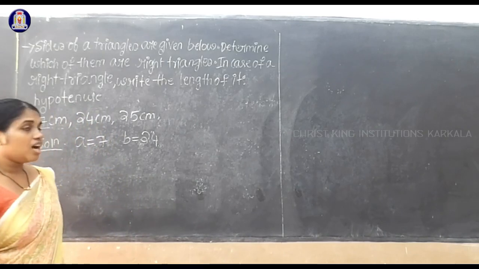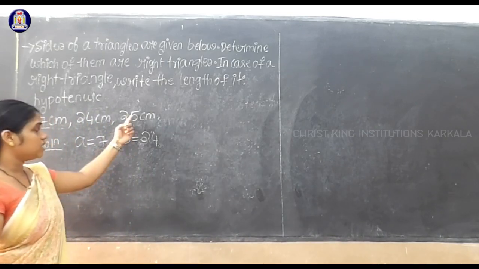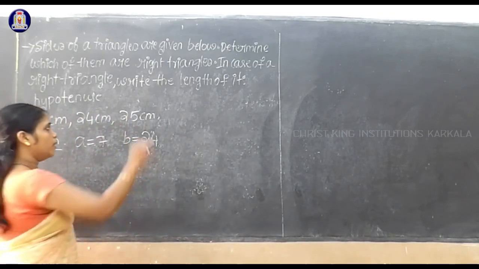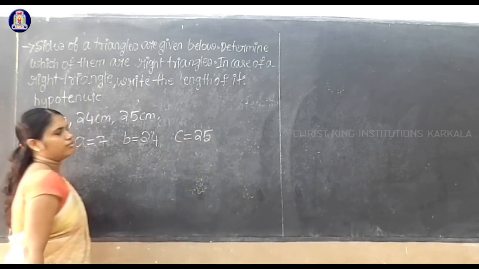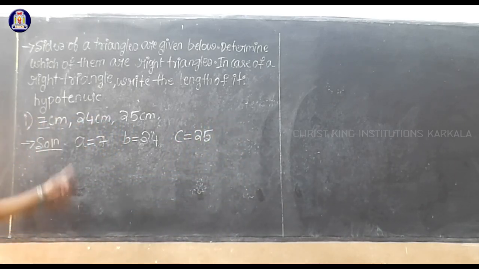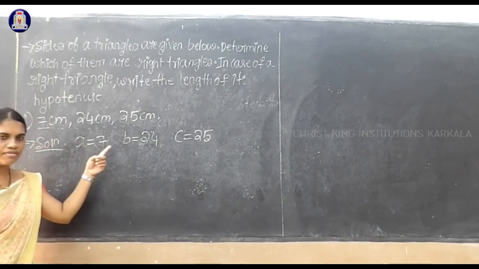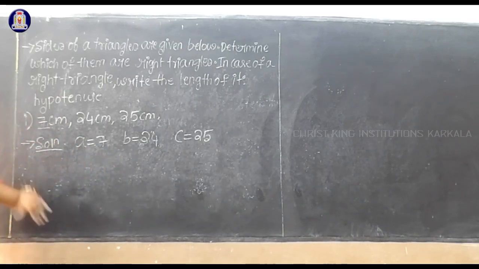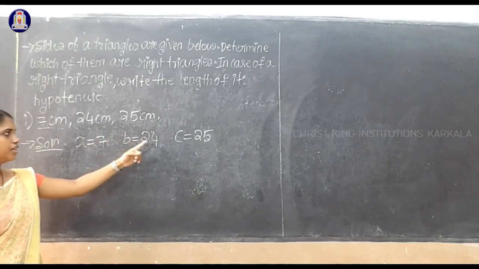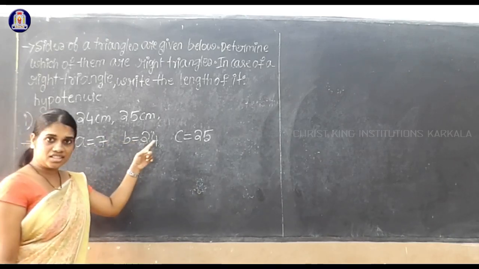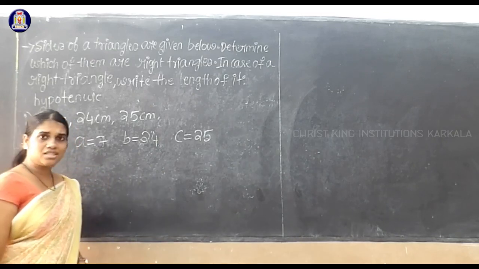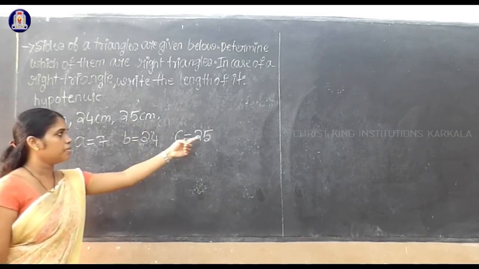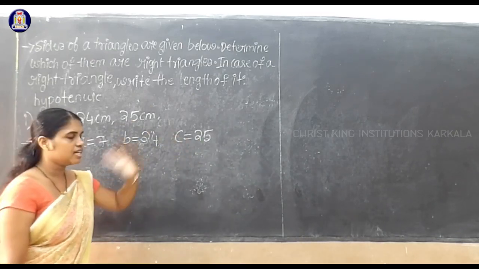Next, the largest number. What is your largest number? That is 25. So C is equal to 25. Understood now? The smallest number is 7, consider it as A. Next number is 24, the second largest, so consider it as B. The largest number is 25, consider it as C.